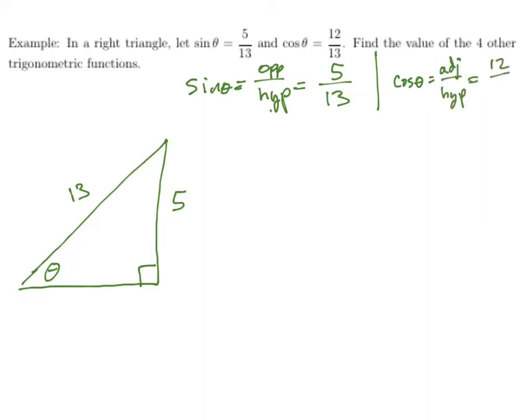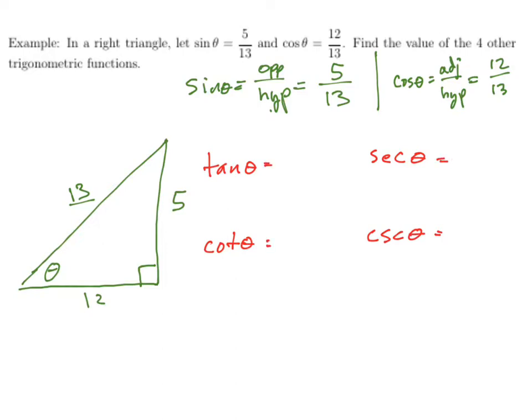So that tells us the adjacent side is 12, and the hypotenuse is 13. Well, we already have that. Now from here, we can go ahead and find the value of the other 4 functions: tangent theta, cotangent, secant and cosecant.